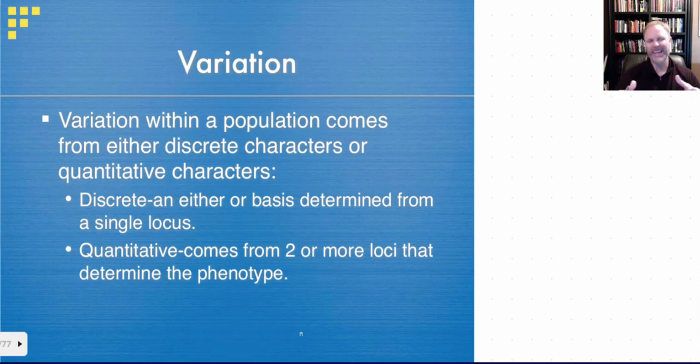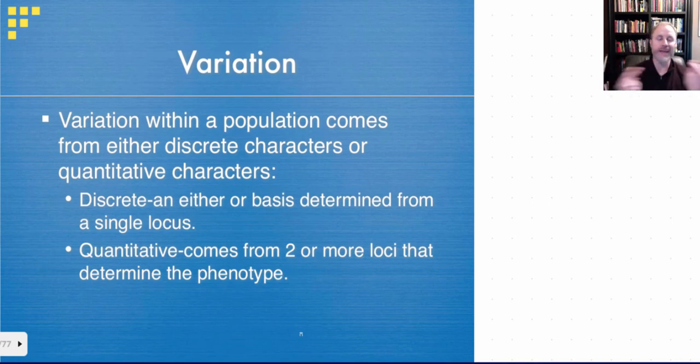Okay, and I guess the tall and short thing really wouldn't be the greatest example, because you could look at it as either tall or short, but we know actually that height is a quantitative or continuous type of variation, which really spans a range from being short to being tall.